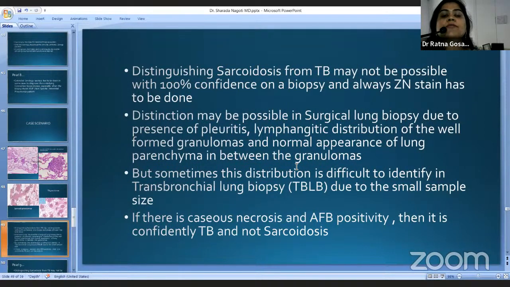Sometimes this distribution is difficult to identify in small biopsies like transbronchial lung biopsy due to the small sample size. If there is caseous necrosis or AFB is positive, then confidently we can call it tuberculosis, not sarcoid. But with only the presence of granulomas, even if non-necrotizing, especially in small samples, we cannot confidently call that sarcoid.